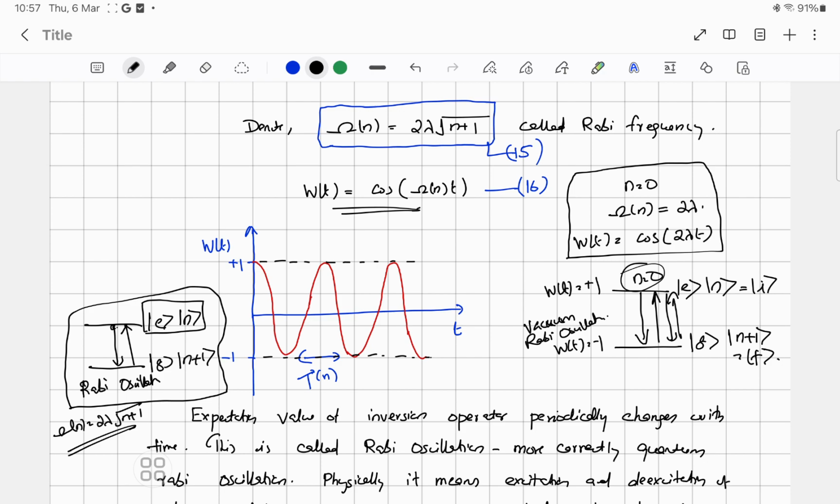This will keep on happening, and at any time, if you are able to stop this transition, then we can get the system in a superposed state. If W of t is exactly plus 1, then the atom is in the excited state, and if W of t is exactly minus 1, the atom is in the ground state. If it is in between, it will be in the superposed state.